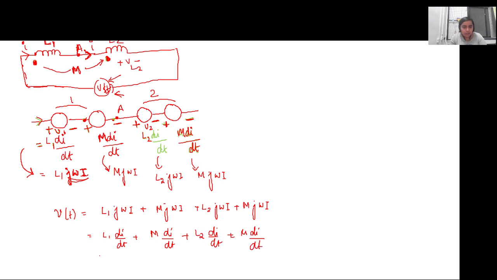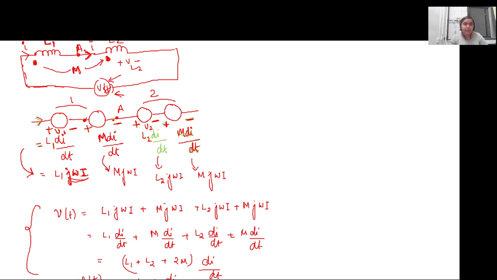Since di by dt is common, it is L1 plus L2 plus 2M times di by dt. So it is similar to an inductive circuit with a certain equivalent inductance, and this is the equation describing how the current flows, right?